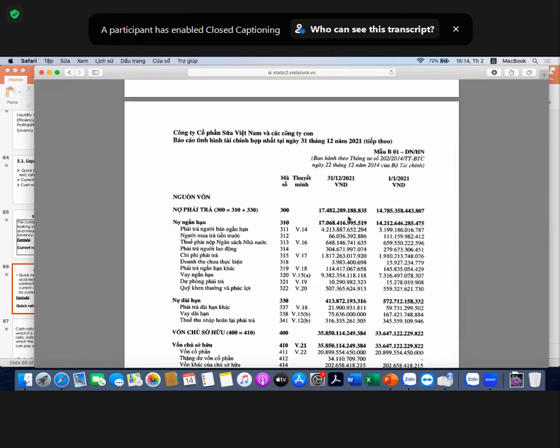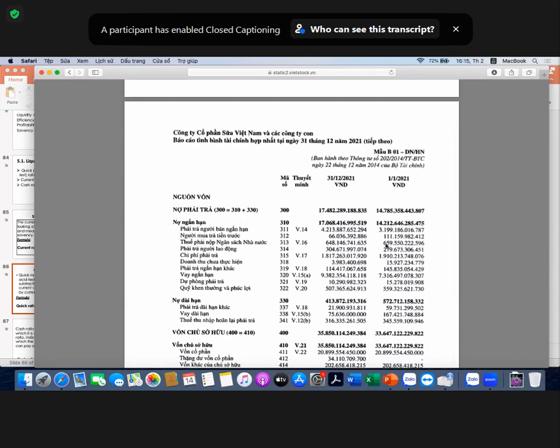And in 2020, for every đồng of current liabilities, Vinamilk has 2.09 đồng of convertible assets.